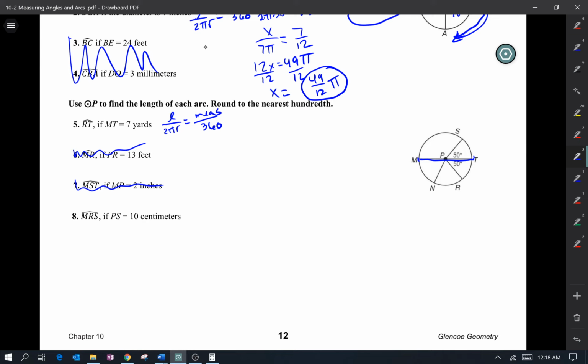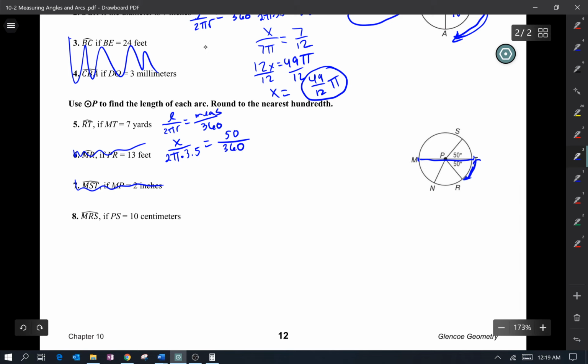The length of the arc, we don't know that. We're trying to find it, so it's x over 2 times pi times the radius, 2 times pi times 3.5, right? It's going to be equal to the measure of the arc. Well, what are we talking about? RT. So what's the degree measure of RT? The degree measure of RT is 50, so 50 over 360, right?